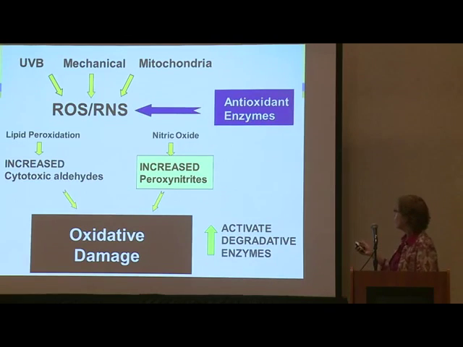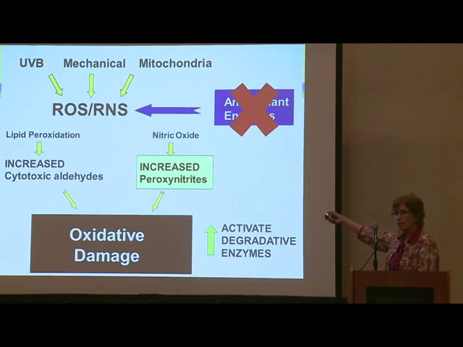Everybody has them. But fortunately, we all have antioxidant enzymes that get rid of them and keep everything in balance. But with keratoconus, as the previous slide showed, we don't have all those antioxidant enzymes. So what happens is that you have an accumulation of the ROS, and they are funneled through different pathways.